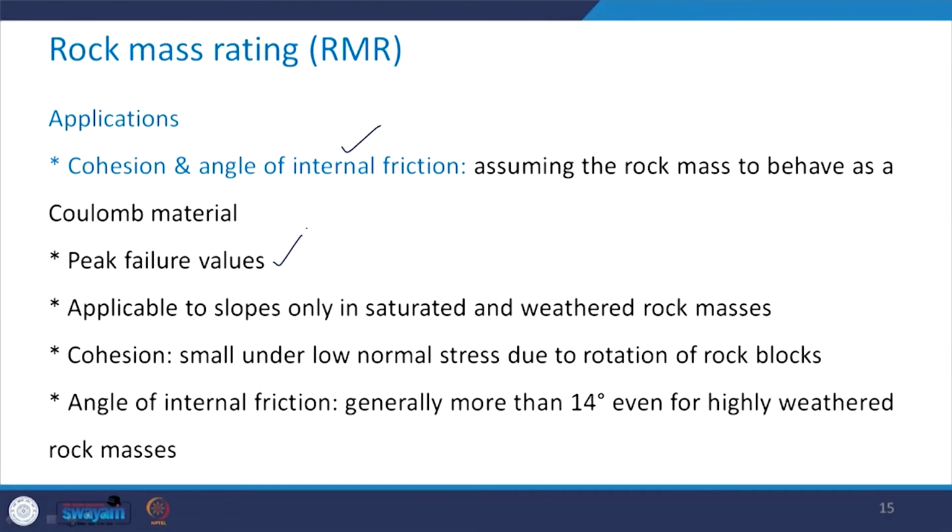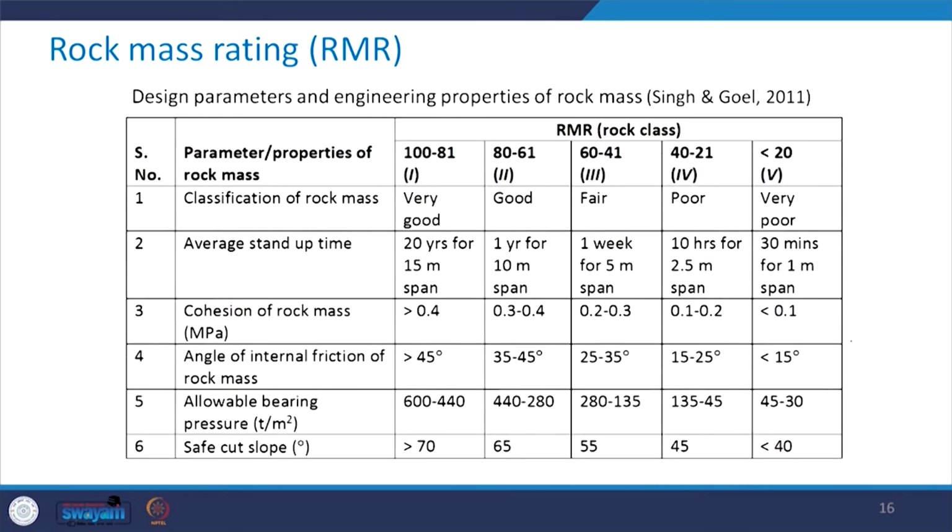This is applicable to slopes only in the saturated and weathered rock masses. Cohesion is going to be small under low normal stress due to the rotation of the rock blocks, and the angle of internal friction is generally more than 14 degrees even for highly weathered rock masses.